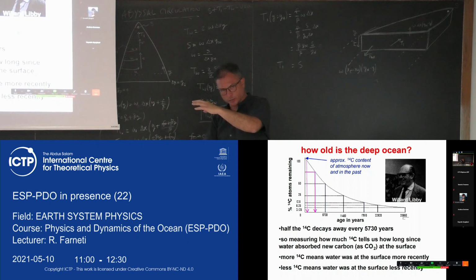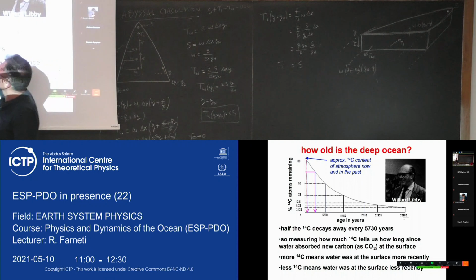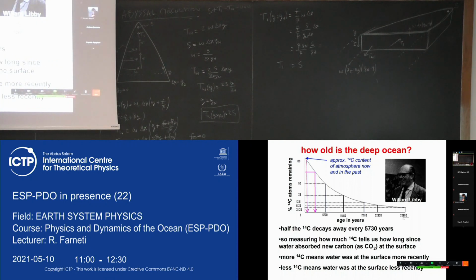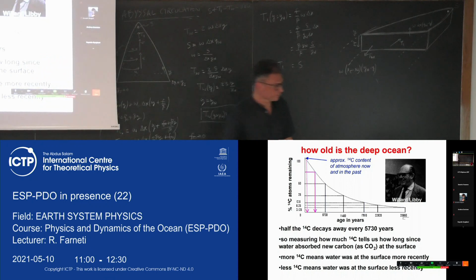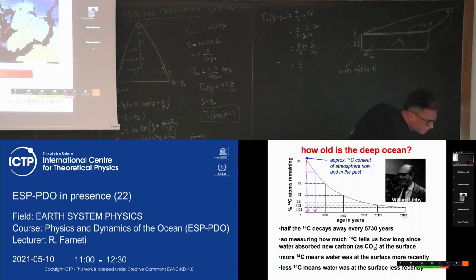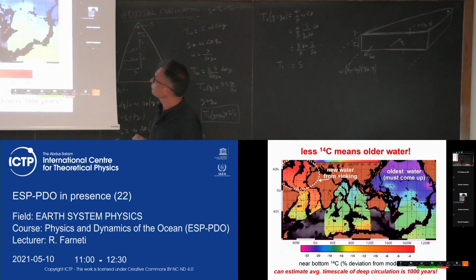Then it sinks to the bottom and starts traveling, and it will have less and less carbon-14 as a percentage of the amount at the surface. So you can get a map of that. And so less carbon-14 means older water that was in contact with the atmosphere a long time ago.